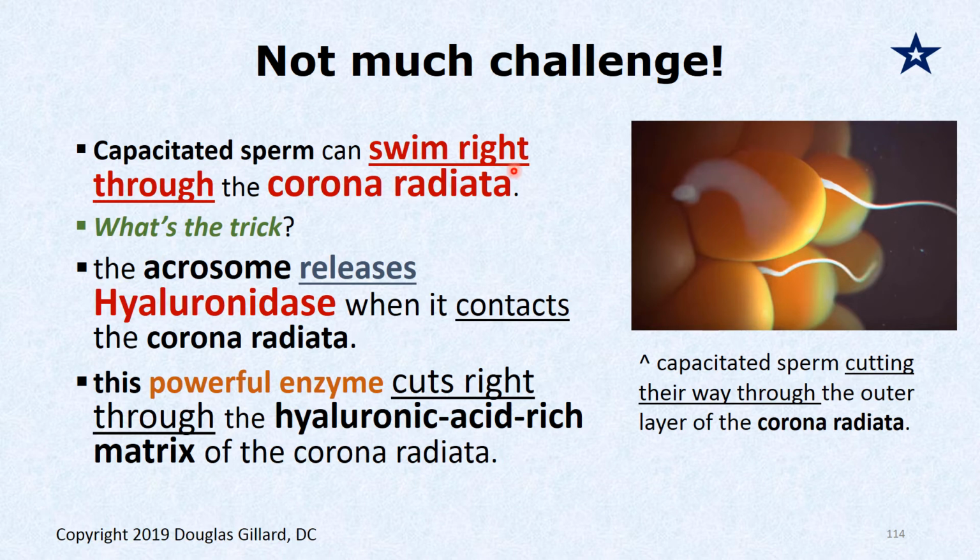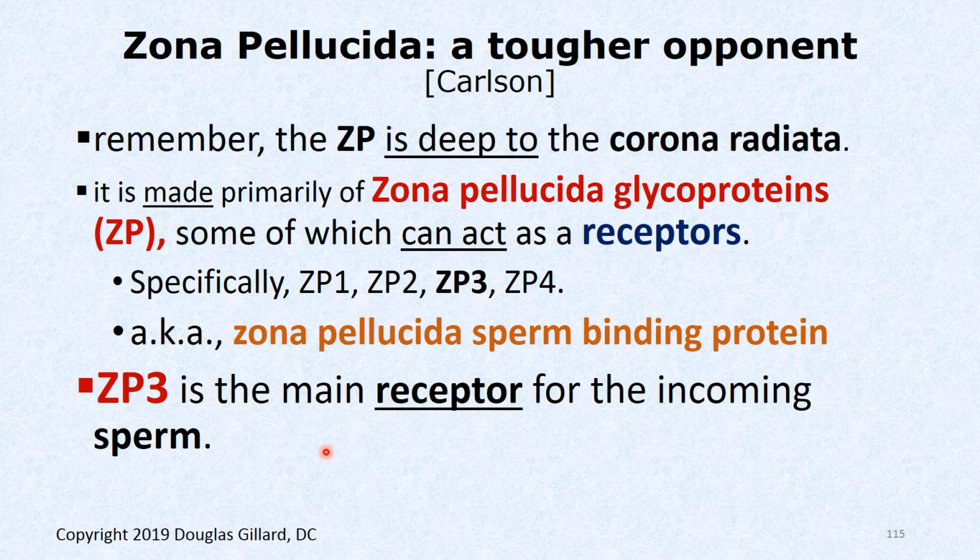So capacitated sperm is going right through the corona radiata. The acrosome, that's the helmet of the sperm, releases hyaluronidase when it comes in contact with the corona radiata. Yes, so that's coming out of the sperm, that's correct. And that enzyme just kind of sprays out, and it can cut right through the matrix with that process.